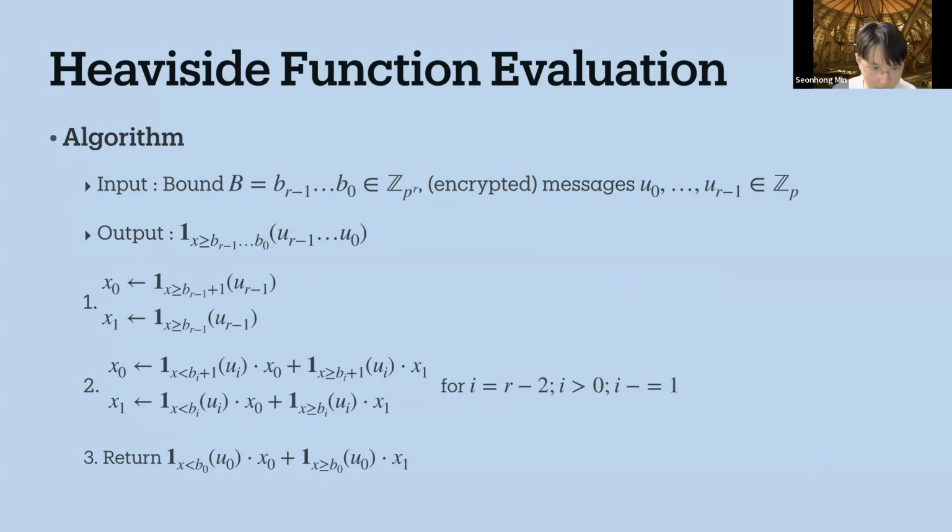Then you can just iteratively compute x0 and x1 by computing the linear evaluations of x0 and x1 and some univariate polynomial evaluations of each digit. Then we can successfully compute the original Heaviside function with this iterative method. You can simply check with a simple coding. I will leave it as homework to you.